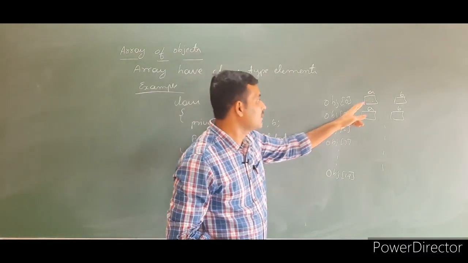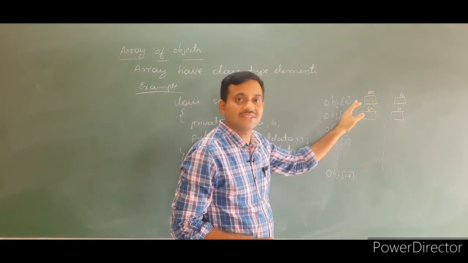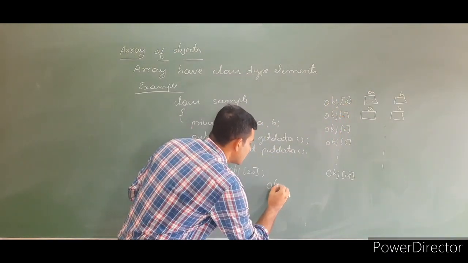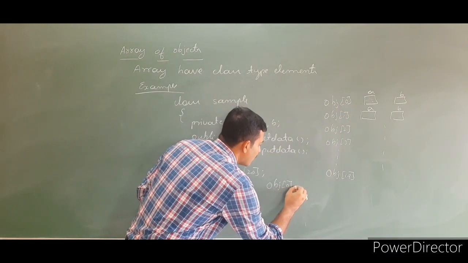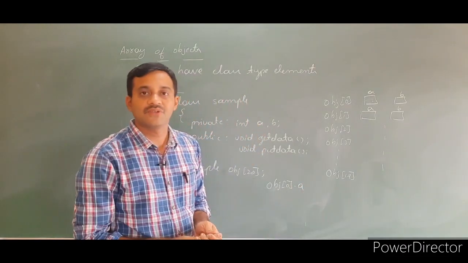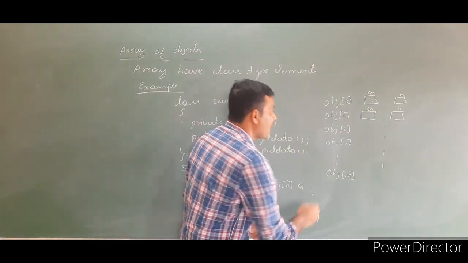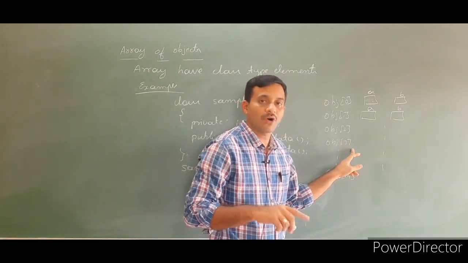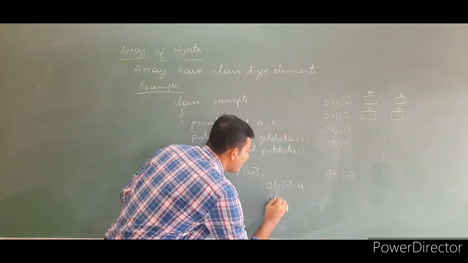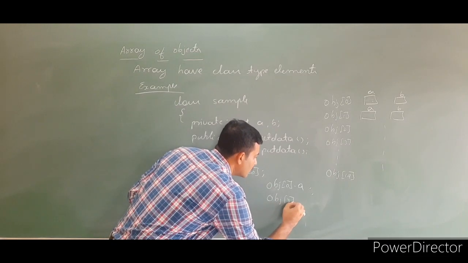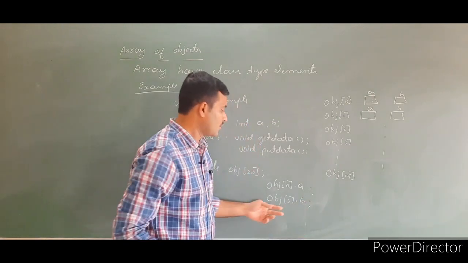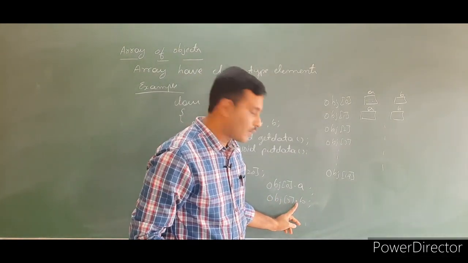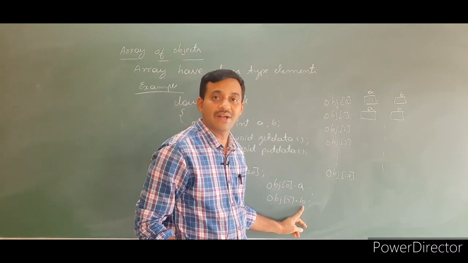To access the memory location of a that is present inside object 0, we write obj[0].a. Then to access the b value present in object 3, that is the fourth object, we write obj[3].b, where obj[3] is the name of the object, dot is the member access operator, and b is a member data.